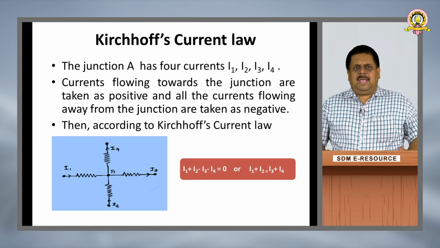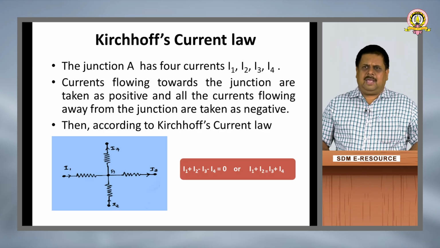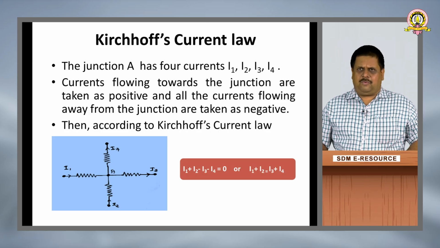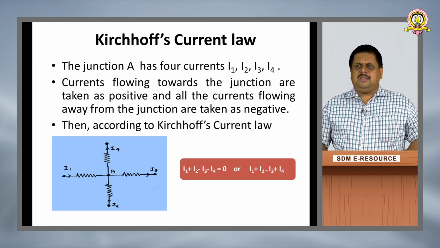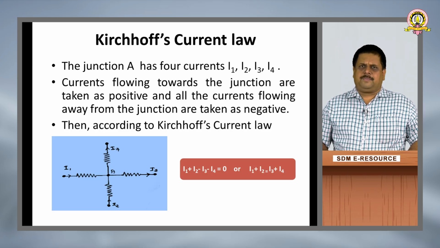Let us explain it. The junction A, let us see the figure there. The junction A has 4 currents, I1, I2, I3 and I4. Currents flowing towards the junction are taken as positive and all the currents flowing away from the junction are taken as negative.